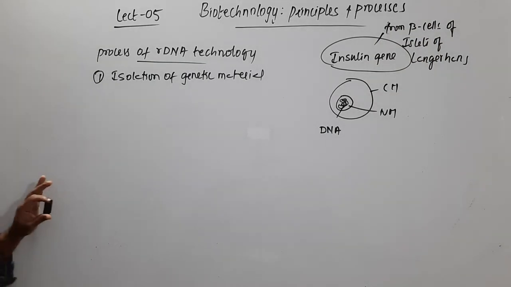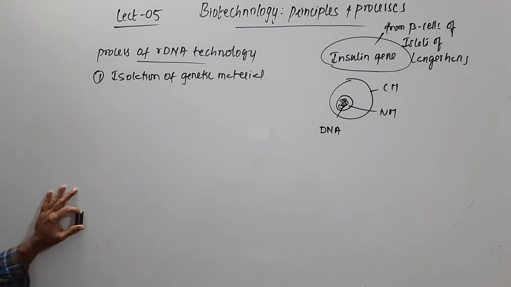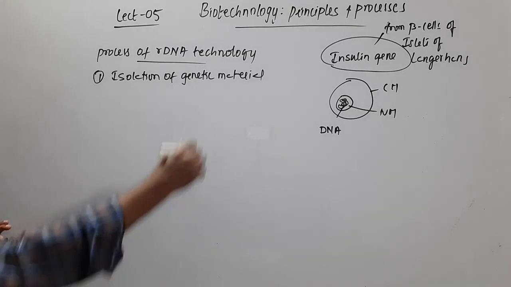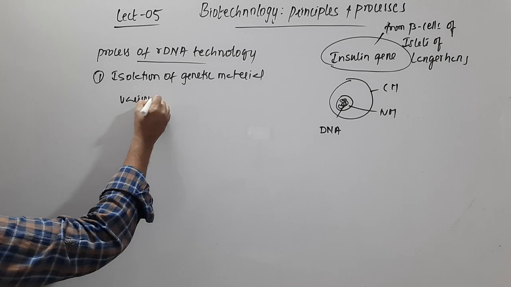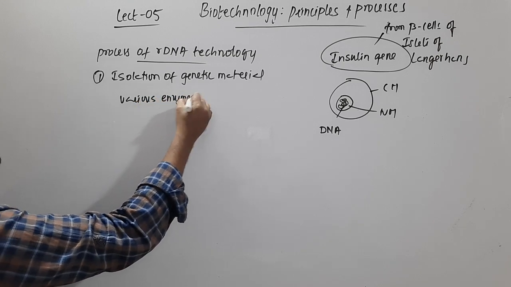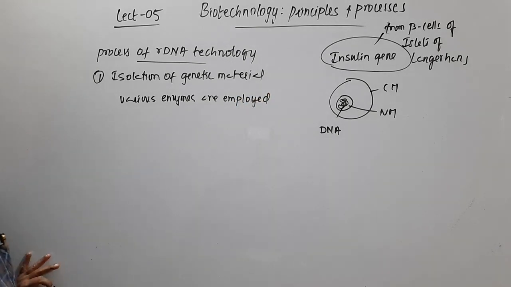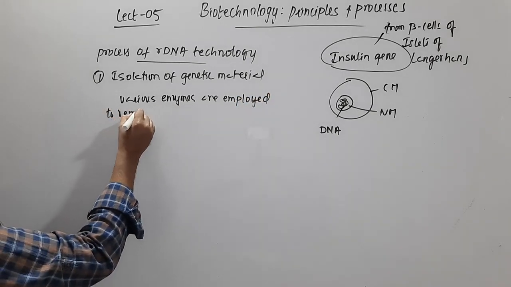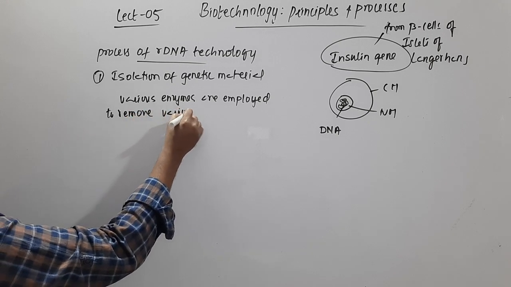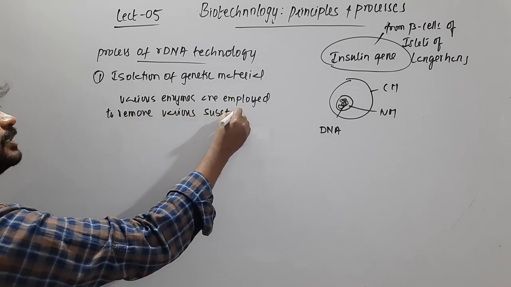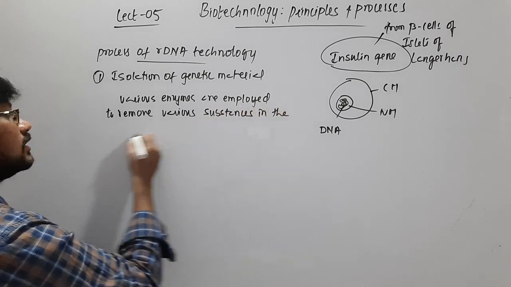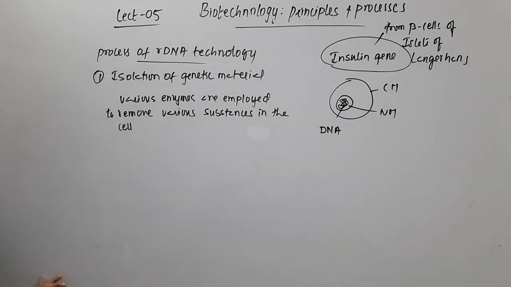Okay, so of course to remove the cell membrane, the nuclear membrane, and the RNAs and other proteins, I will be using various enzymes. Various enzymes are employed to remove various substances in the cell, including the cell membranes and whatnot.